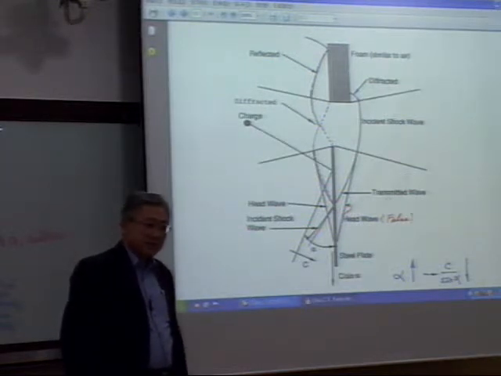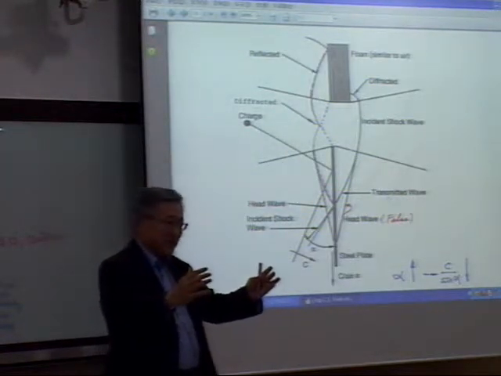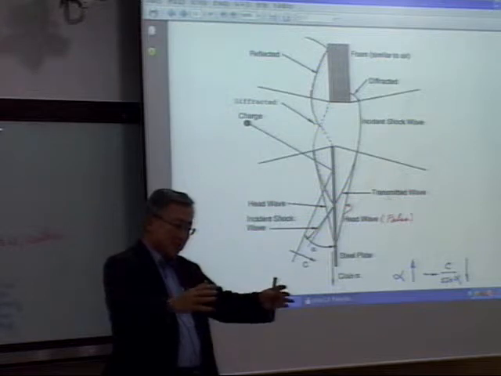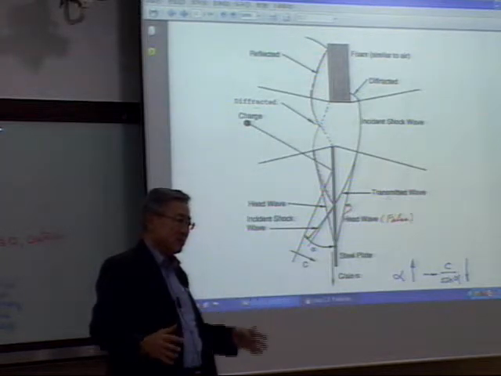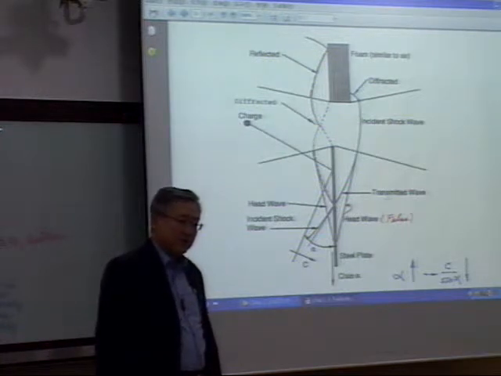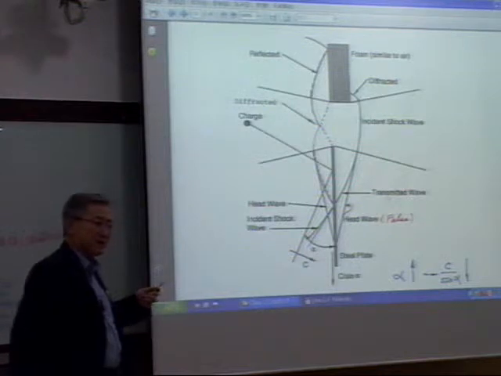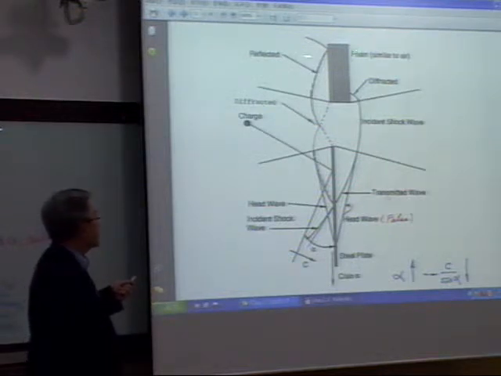Here is a ship, surrounded by styrofoam. The shock wave comes, hits it, and cannot penetrate. That's the nature, like the air. Okay? So when the shock wave, this is a charge, explosive is here.